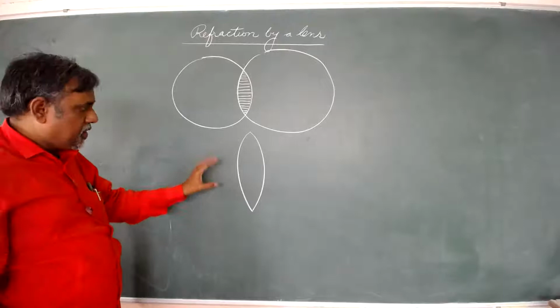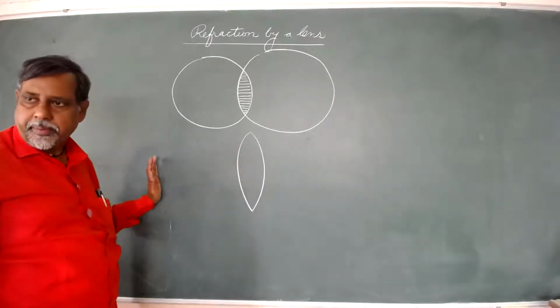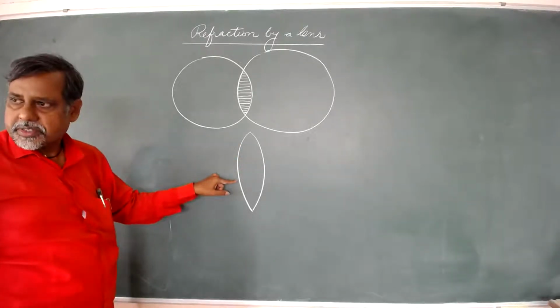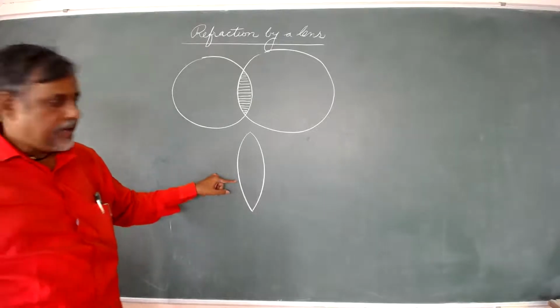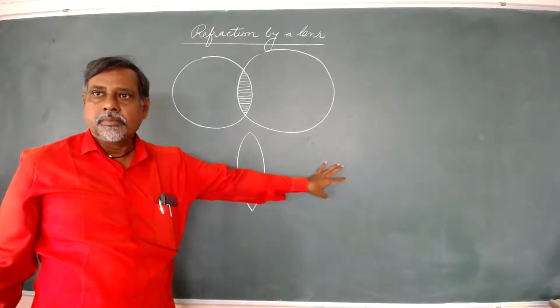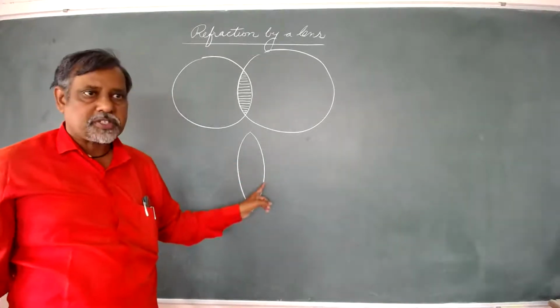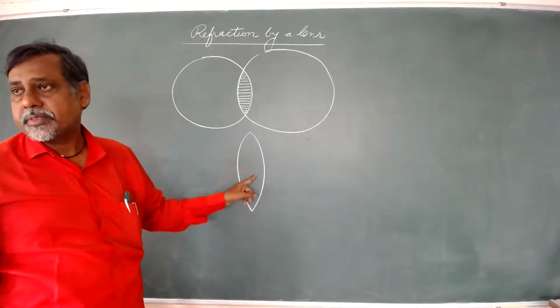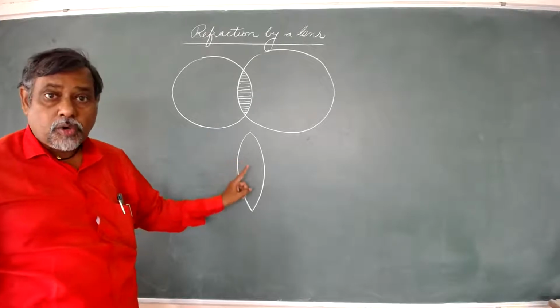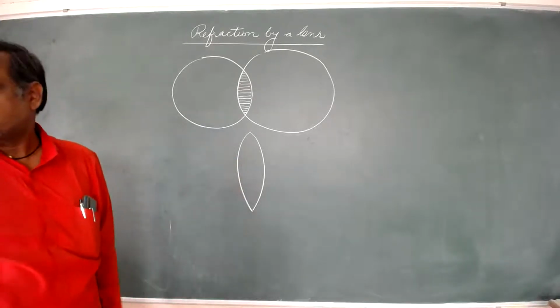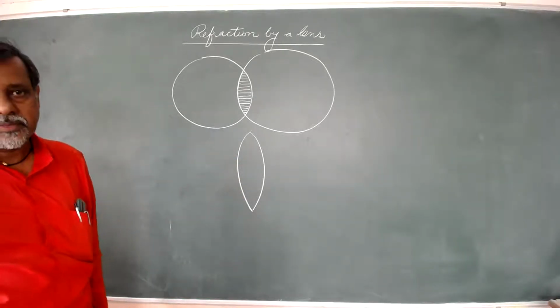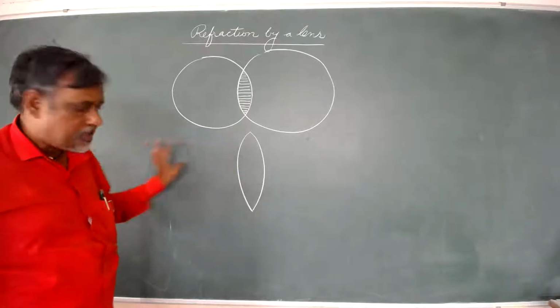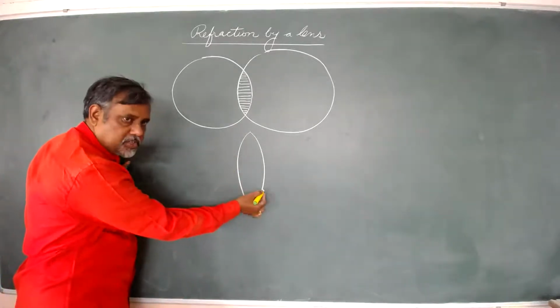If you see this from this side, it becomes a convex surface. This is double convex, or biconvex lens. So this is convex, this is convex.